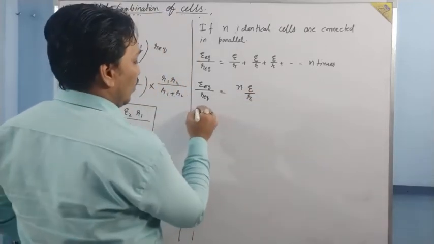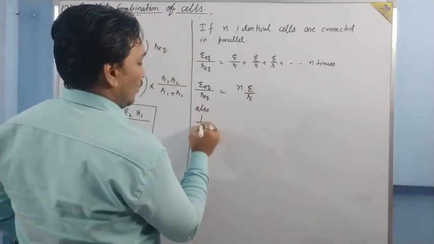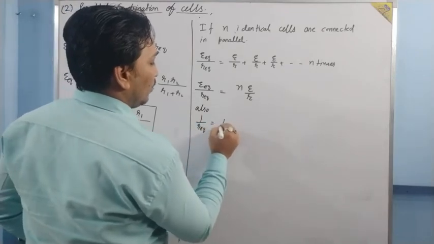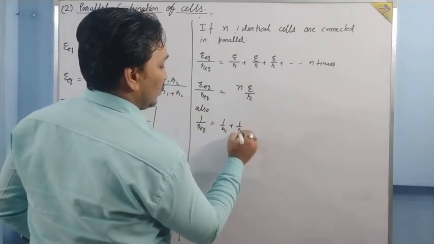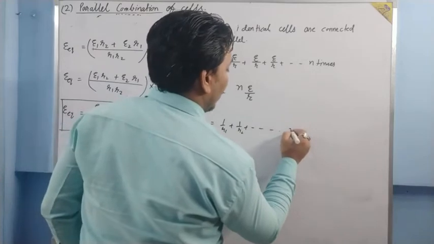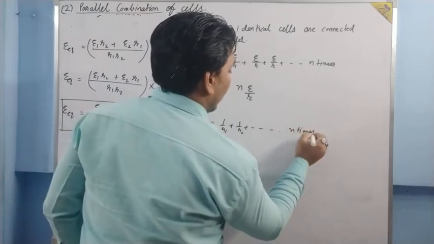Also, 1 upon R equivalent will be equal to 1 upon R1 plus 1 upon R2 plus, how many times? N times.